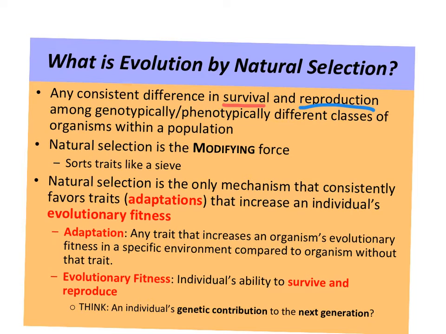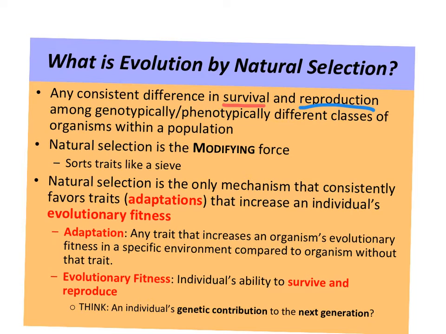Natural selection is the only mechanism that consistently favors traits that increase an individual's evolutionary fitness and a population's fitness. In other words, the only process that causes a population to evolve so that it is as fit as it can be to its environment.